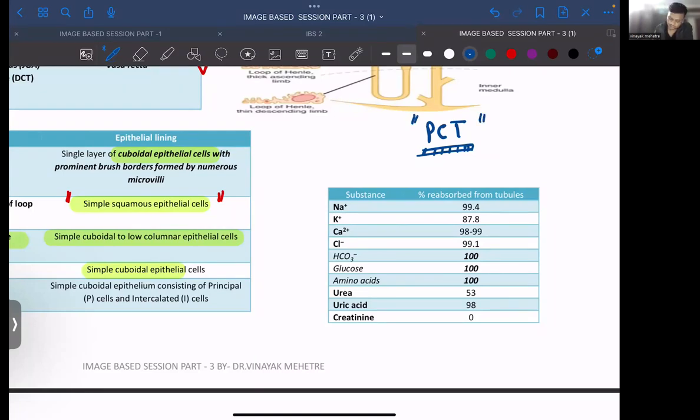These are bicarbonate, glucose, and amino acids. They are absorbed 100% in PCT. Remember this, that is how the shortcut works.